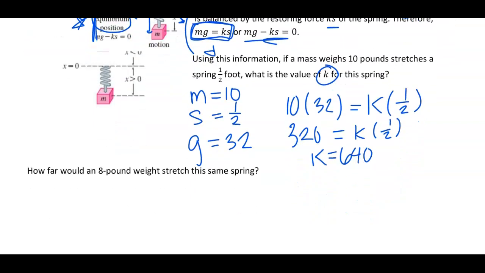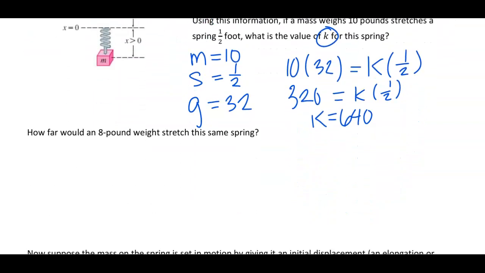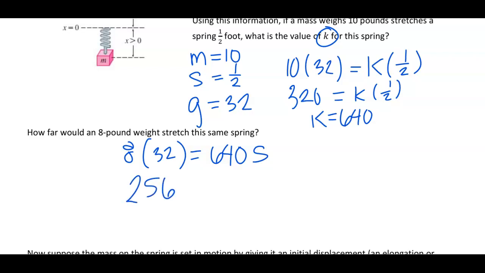So how far would an 8-pound weight stretch that same spring? So I'm going to do 8 times 32. I know my spring constant, and now I want to find S. So 8 times 32 is 256.